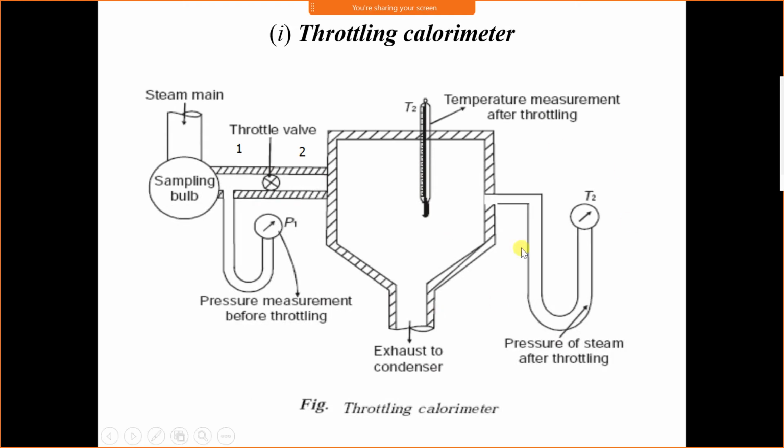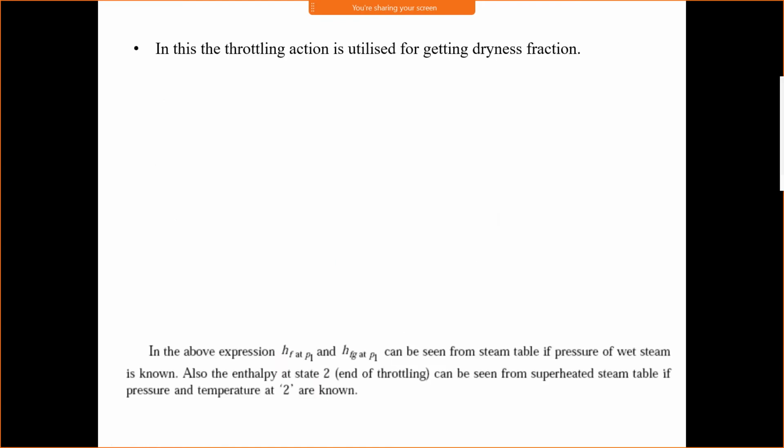Now in region 2, from the superheated steam table we can directly calculate the value of enthalpy with the help of temperature and pressure. In region 2, steam is superheated. With the help of temperature and pressure we can directly calculate the enthalpy of superheated steam from the superheated steam table.